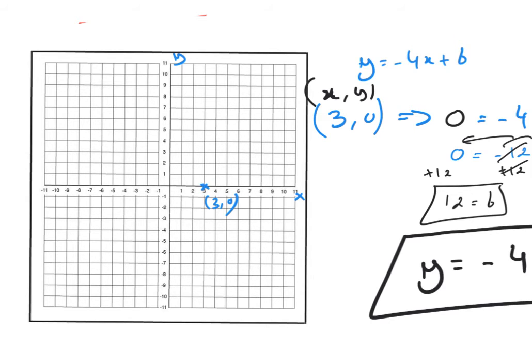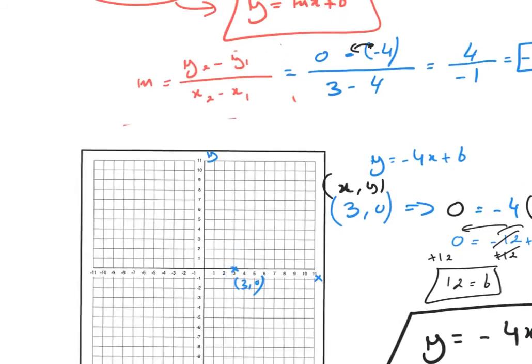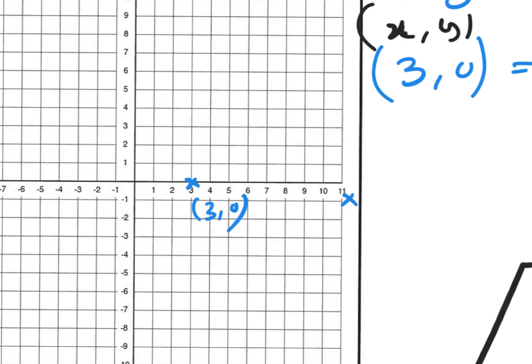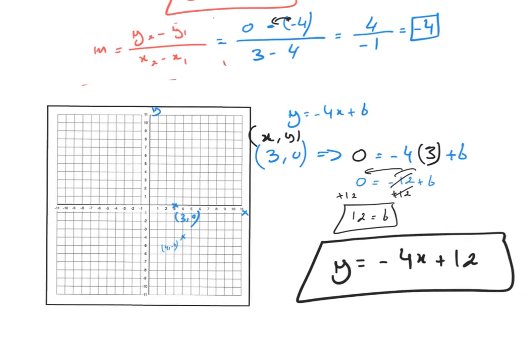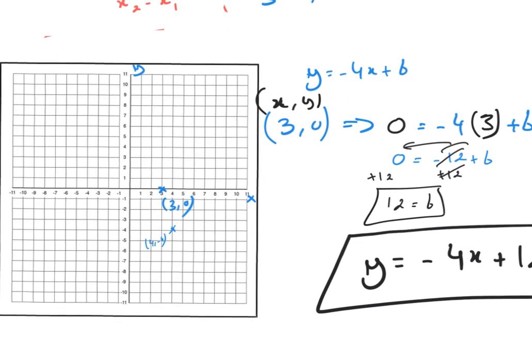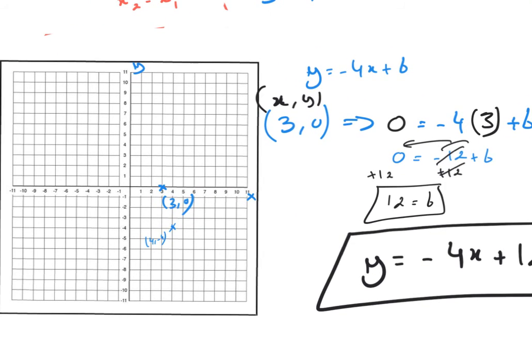And my second point is going to be (4, -4). So when x equals 4, y equals -4. That's going to be my second point, right? And since I have the slope here, -4, which is negative, I'm expecting the line to be decreasing.